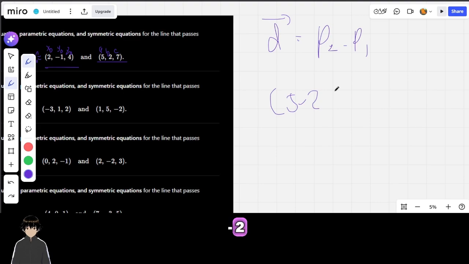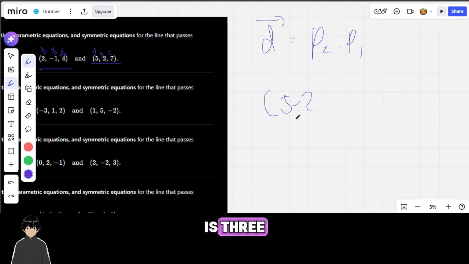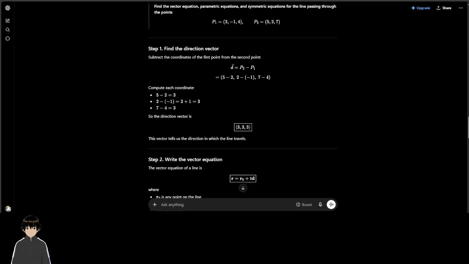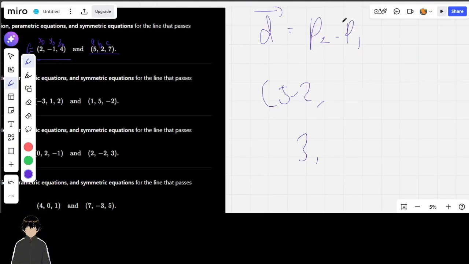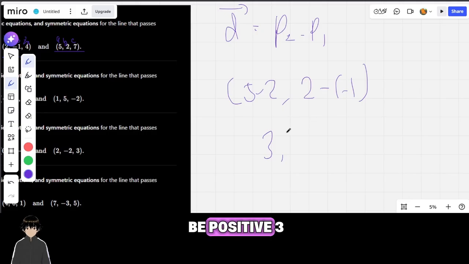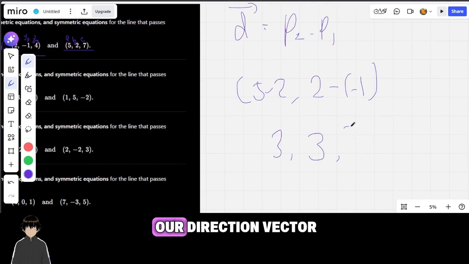So we have 5 minus 2 is 3, and we have 2 minus negative 1 is positive 3. 7 minus 4 is 3. So this is our direction vector.